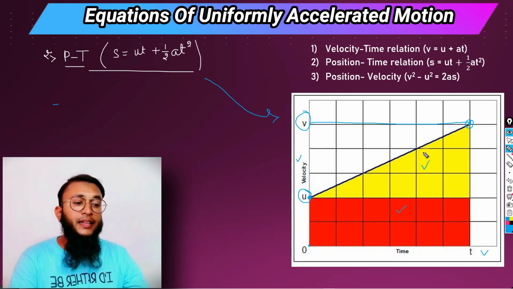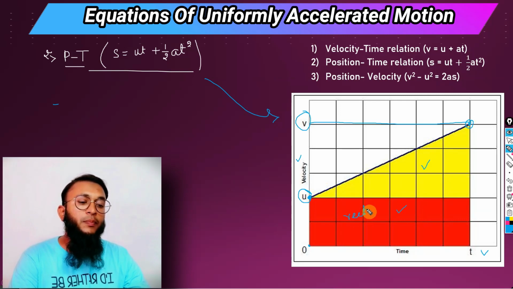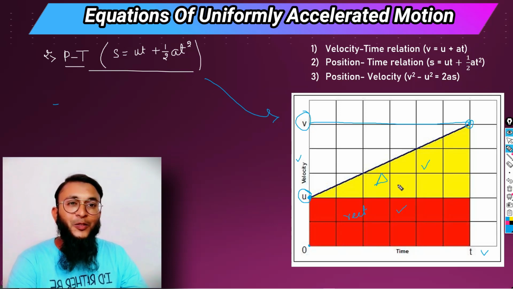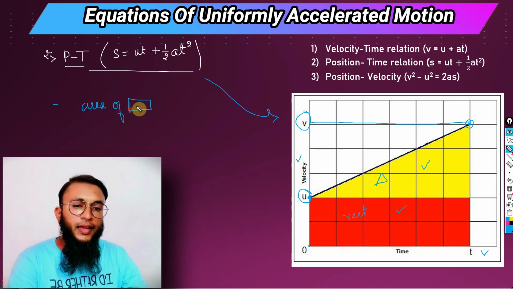If you divide this area under this line into two, you will find that it's making up a rectangle and the top portion is making up a triangle. So if you calculate the total area of a rectangle and a triangle, then you will get the displacement. Let's write the formula of that. Area of a rectangle is L into B plus area of a triangle.